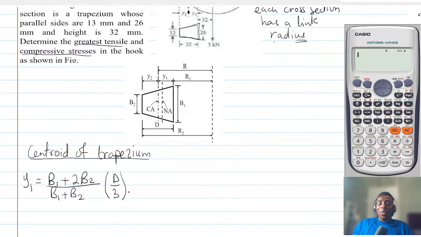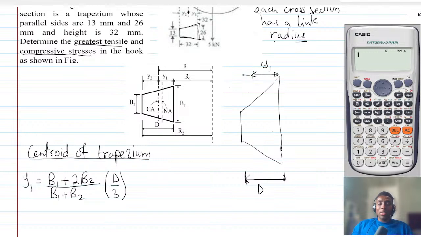Now, essentially, why are we calculating this? I want you to pay attention to this. If you look at the trapezium, a trapezium is like this. Now we know that the depth is from here to here. That's the depth. But the actual centroid is somewhere at a distance y1.